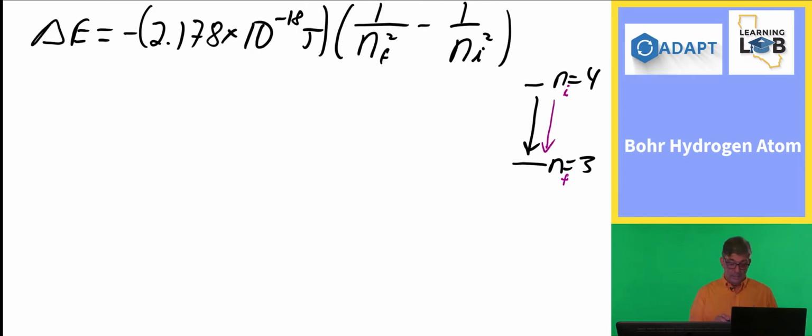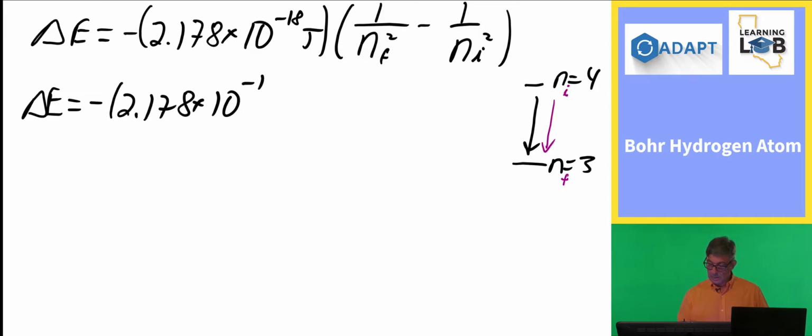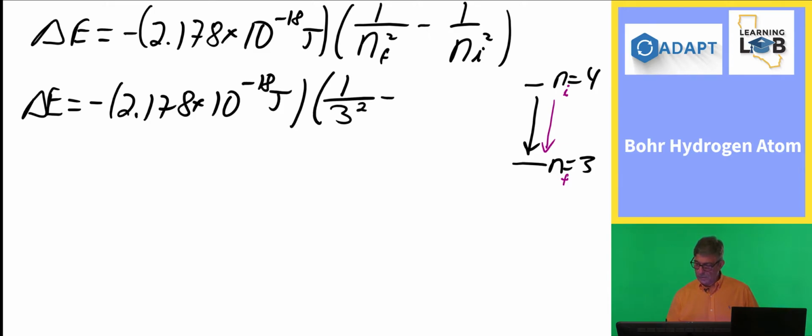So let's go ahead and do that calculation, in which we have delta E equals minus 2.178 times 10 to the minus 18 joules, times 1 over 3 squared minus the inverse of 4 squared.